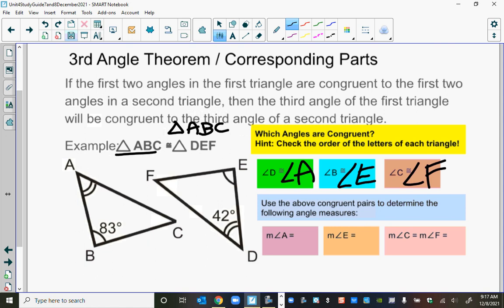So D and A match up. How many degrees was angle D? 42. Then angle A must be 42 as well. Okay, B and E match up. How many degrees is angle E? 83. Yep. Whoever said it was right.